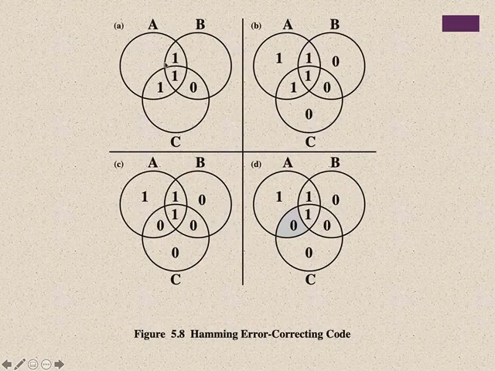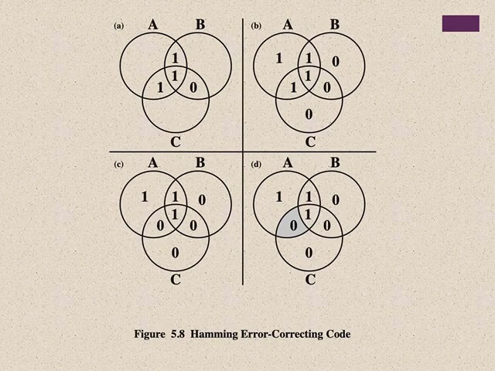For example, we have three circles, and the intersection points contain data. In circle A we have 1 1 1, in circle B we have 1 1 0, and in circle C we have 1 1 0. Within each circle we add a bit so that the number of ones becomes even or odd.